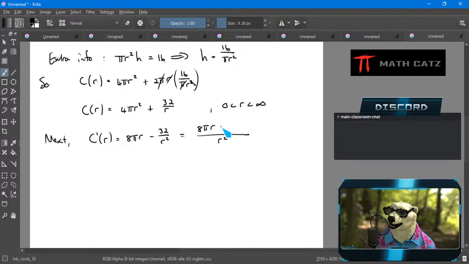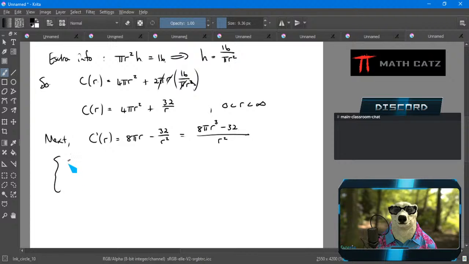It'll be 8 pi r minus 32. Maybe that looks a little nicer, that you recognize it as a rational function. All right. That doesn't look right. This is r cubed. So that when I simplify it, I get 1 r left, and then the next term is going to be right. Okay, that's good.